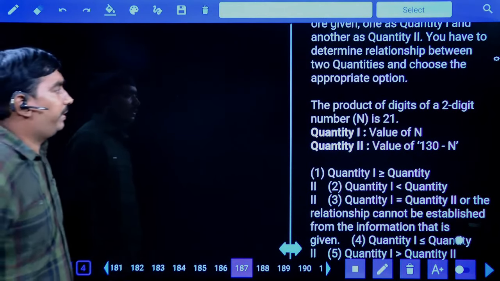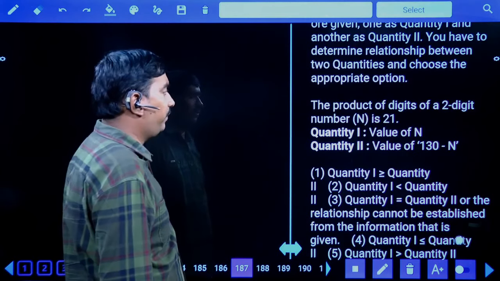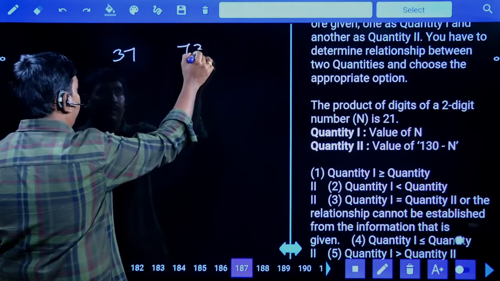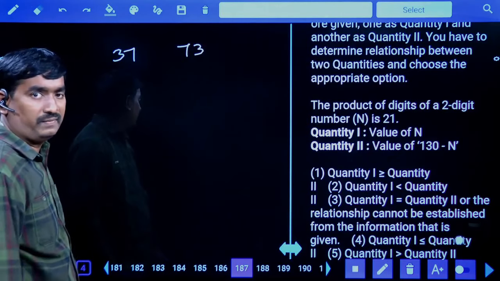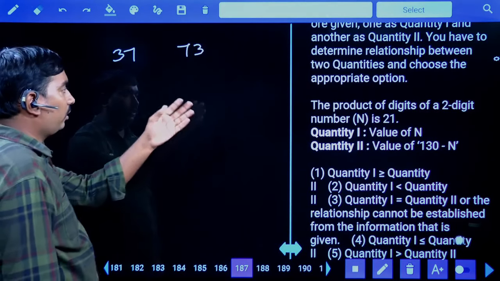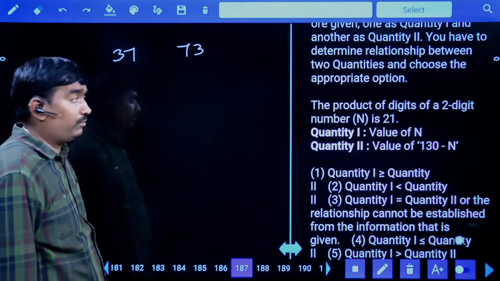The product of the digits of a 2-digit number is 21. It can be 37 or 73. Why? Because 2 are possible: 3 into 7 is 21, 7 into 3 is 21.